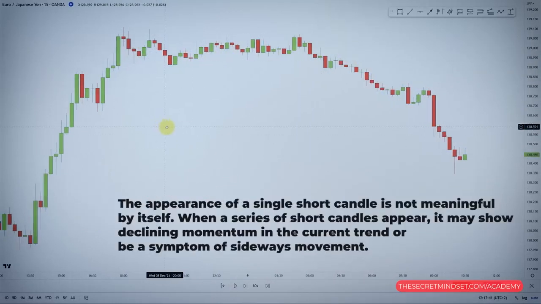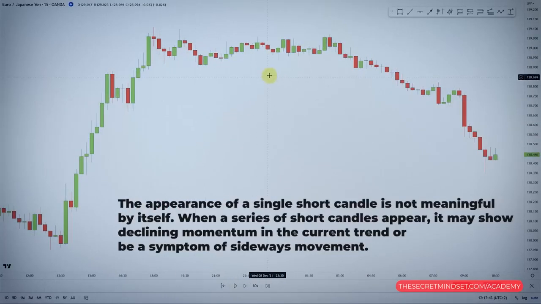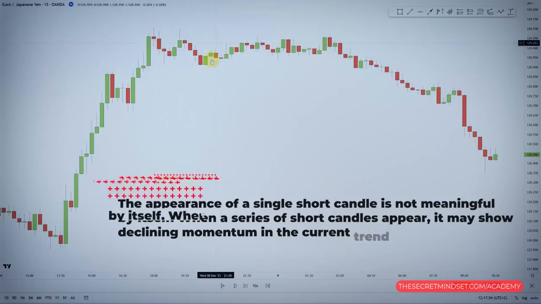The appearance of a single short candle is not meaningful by itself. When a series of short candles appear, it may show declining momentum in the current trend or be a symptom of sideways movement.